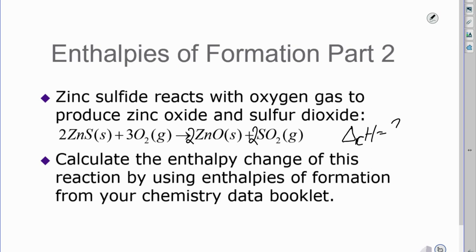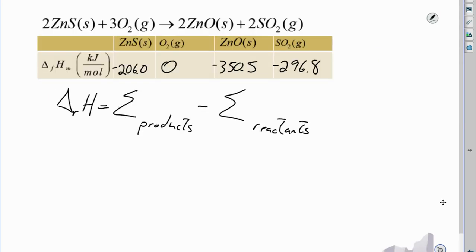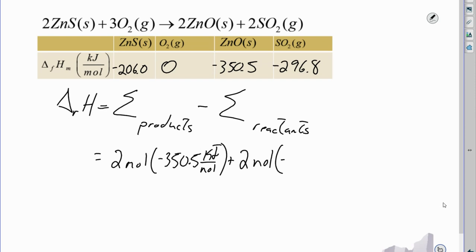So we have 2 moles of our zinc oxide, each at negative 350.5 kilojoules per mole, plus 2 moles of your sulfur dioxide at 296.8. And I'm going to use square brackets to indicate that I'm going to have to add those.